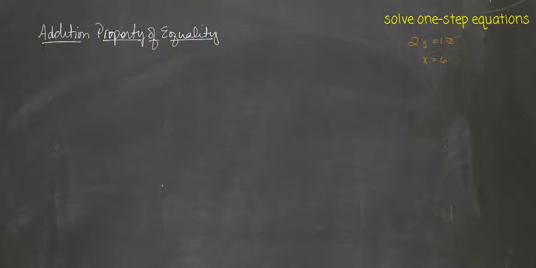And what it says is, if x minus a equals b, then x minus a plus a equals b plus a. Okay, that's a bunch of gobbledygook. Let's break it down into human language.